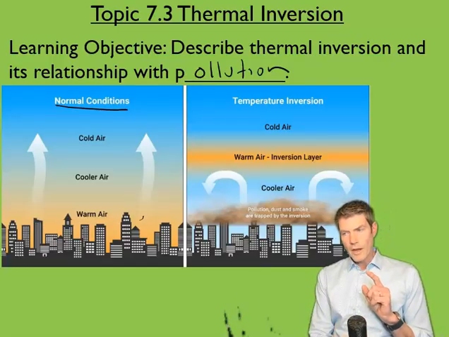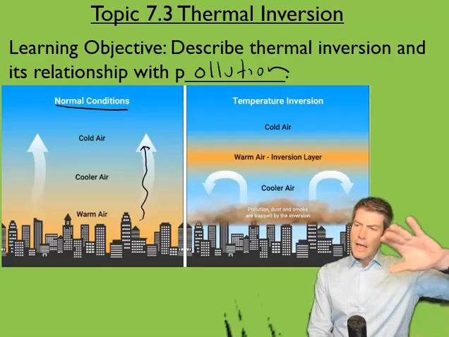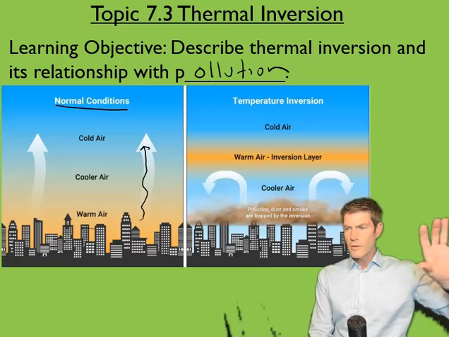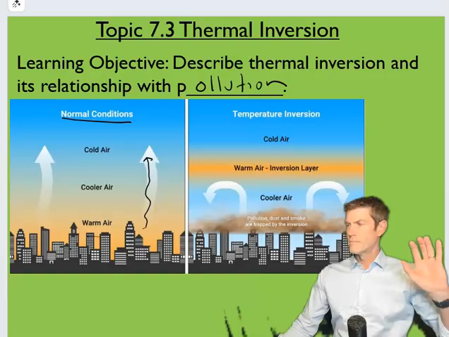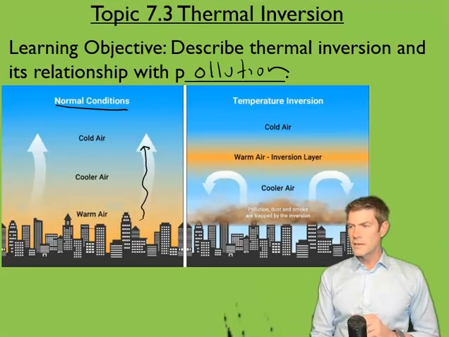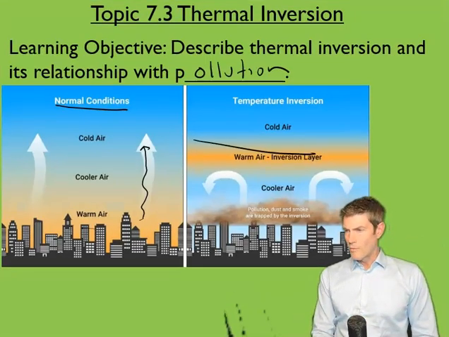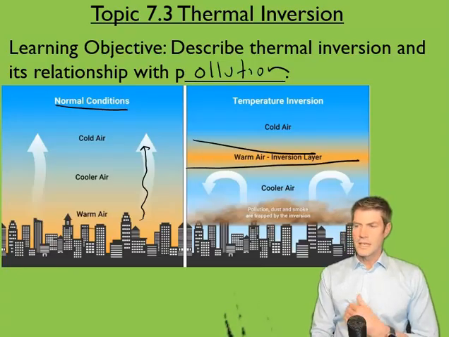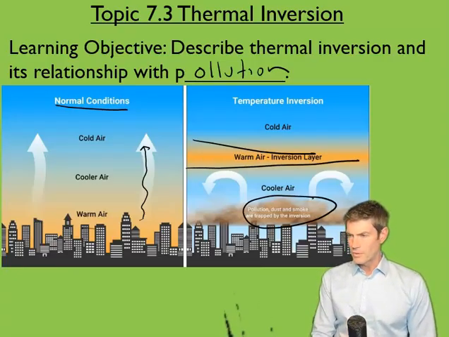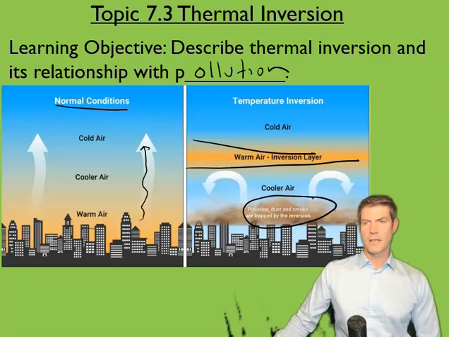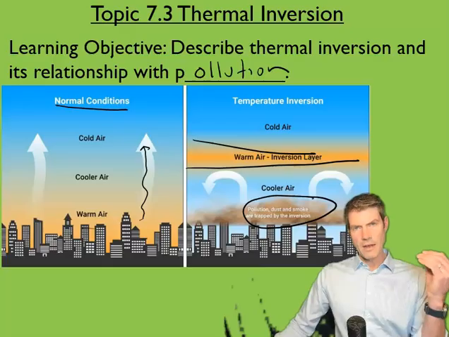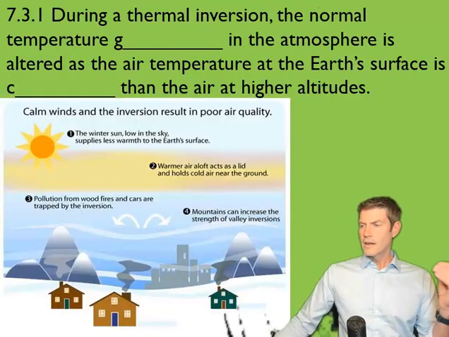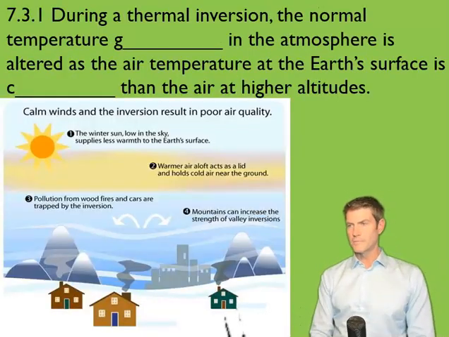So that warmer air, we know warm air rises and it just goes up and up and up, and any pollution near the ground just gets taken up with it. And we see in that inversion, that warm air layer just keeping a lid and all that pollution just sticking right near the ground. So just visualize that when you think about inversions, it's a lid on top of the pollution holding it down.